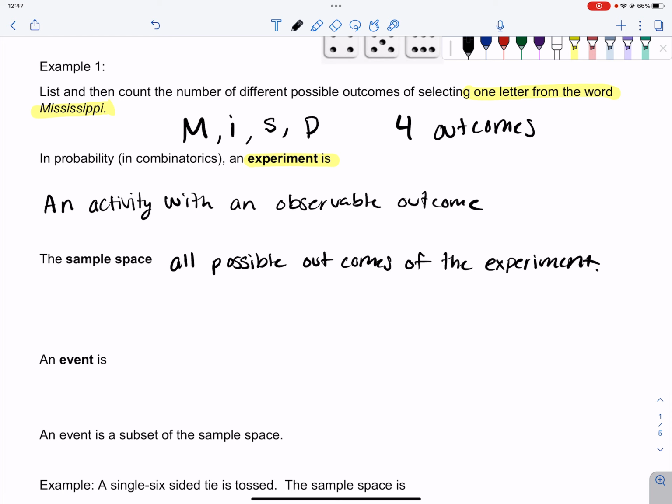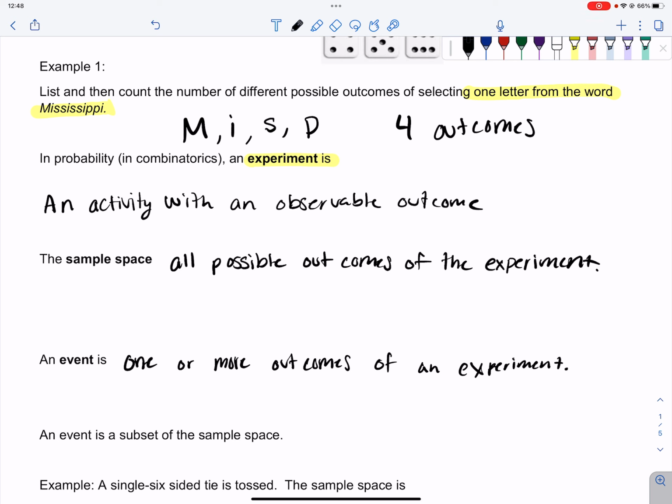And then lastly, the event is one or more outcomes of an experiment. So maybe I have an event where I want to select the letter S from the word Mississippi.